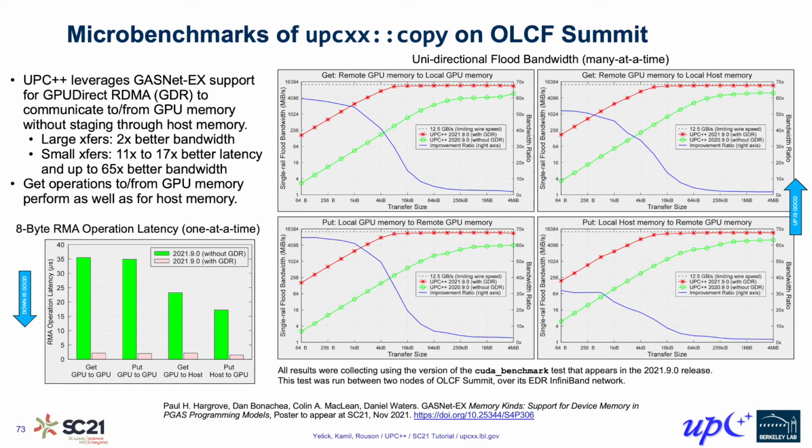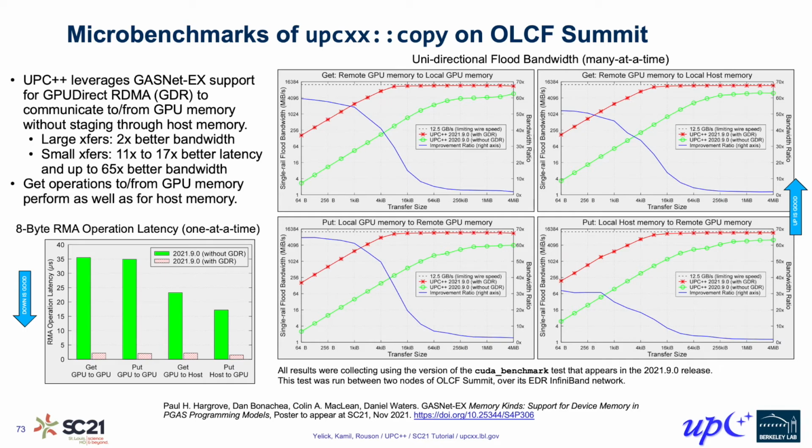The first includes support for technology known as GPU Direct RDMA, GDR for short, which the GASNet-EX communication layer below UPC++ leverages to offload network transfers involving GPU memory in order to perform RMA transfers without involving the CPU or host memory. This is the same technology commonly used in CUDA-aware MPI implementations.